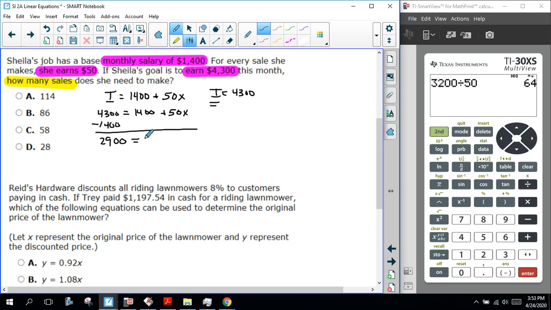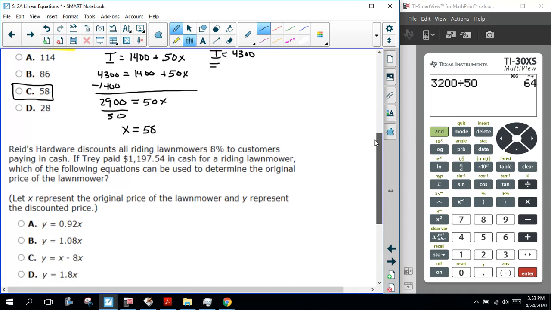And that's equal to 50x. And as I divide each side here by 50, x, which represents the number of sales, is going to be 58. So the number of sales, 58.